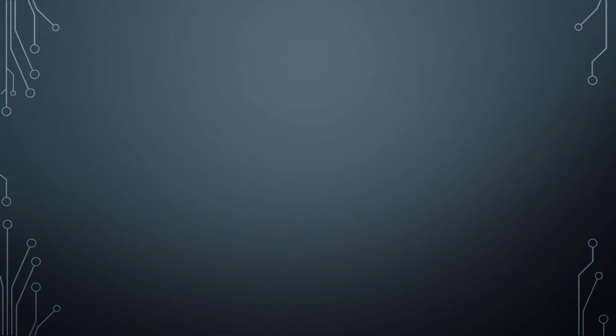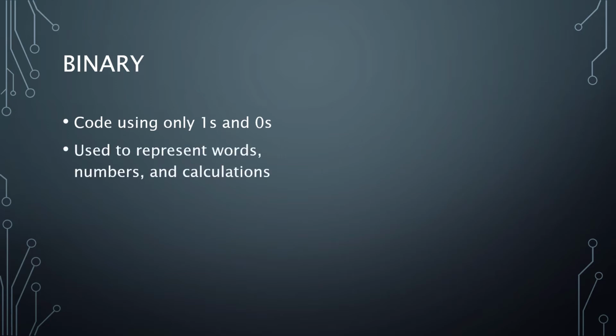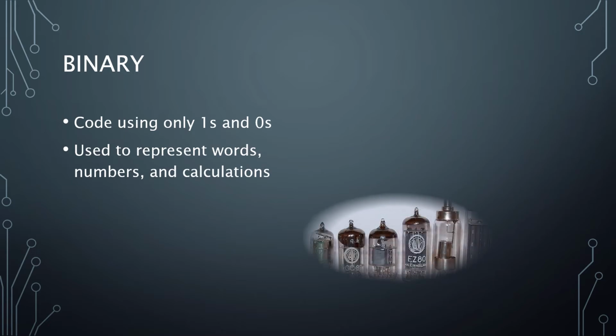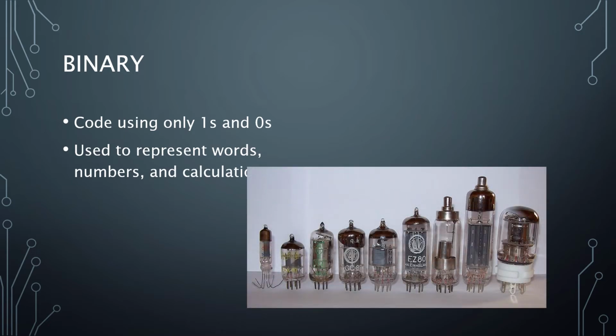Electricity. That is the big game changer. So gears, you can only get them so small. They can only hold so much information. But if you use a code, like binary code, which is made up of ones and zeros to represent different words, numbers, calculations, color, sounds, anything, and you use an electronic vacuum tube, they're basically like light bulbs.